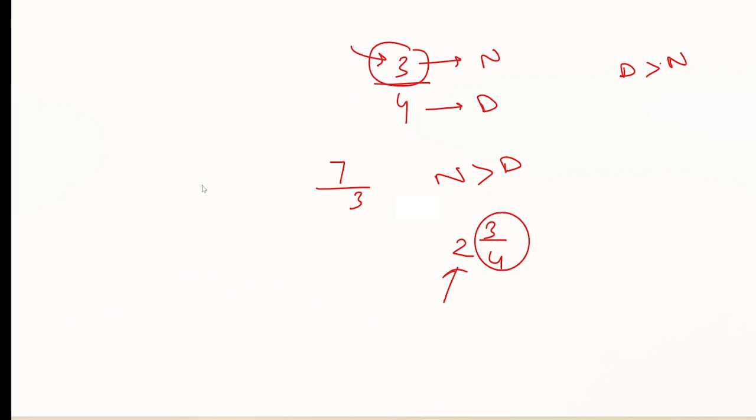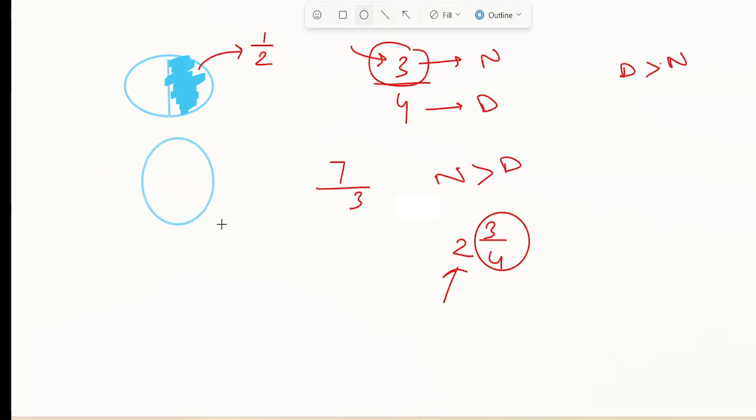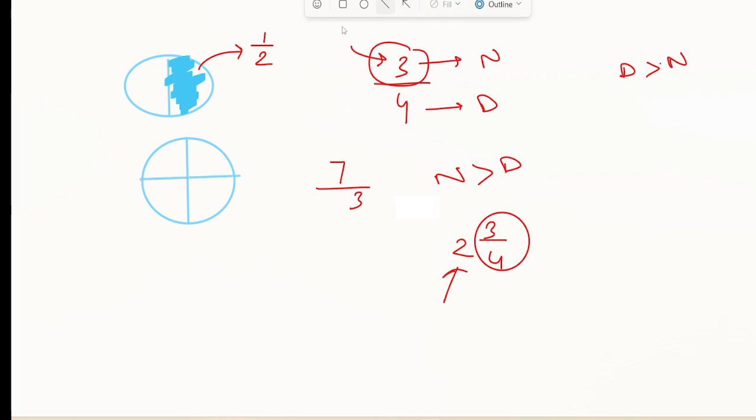Then equivalent fractions. Like if I take a circle, suppose this is a circle and I'm shading half of it. So the fraction for the shaded part is 1/2, right? One part is shaded out of 2. Or if I take the same circle, exactly the same, and again I shade half of it.